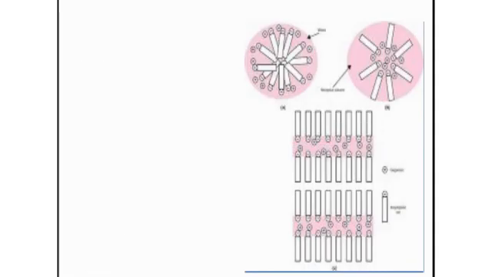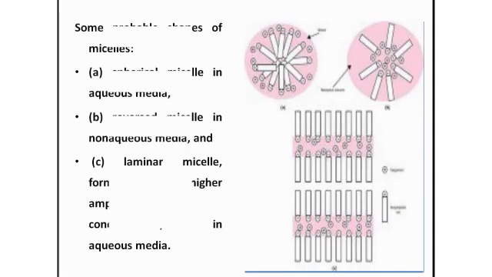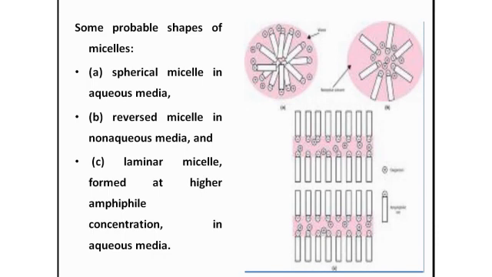Now let's see their shape. The probable shapes of micelles are: number one, the spherical micelle in the aqueous medium. Suppose we put the amphiphile in a glass of water. These are the heads, and the head has affinity towards the water, so the head will remain towards the outside.